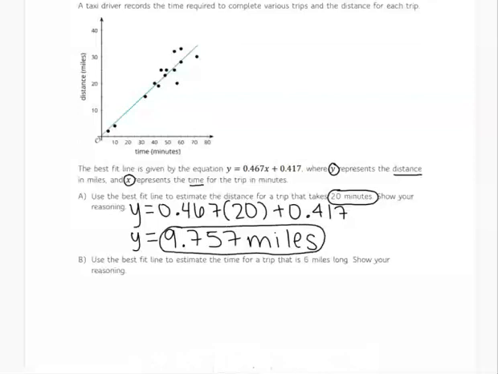In part B, we're going to use the best fit line to estimate the time for a trip that is 6 miles long. 6 miles long is a distance. So in this case, we are going to replace the y in the equation because y represents distance.